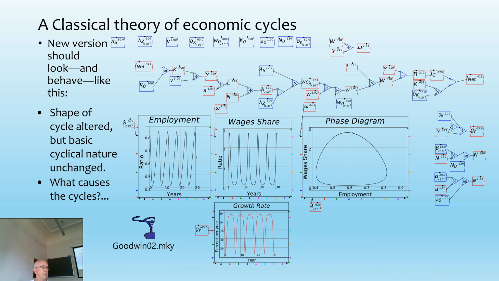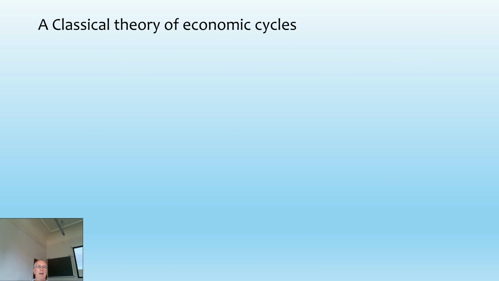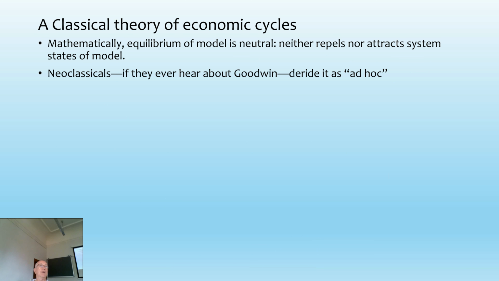So what causes the cycles? Your question. Mathematically, you have an equilibrium which is neutral. It neither attracts nor repels the system. Now, neoclassicals never ask, and this is one of Yanis Varoufakis' very good points in characterising what defines neoclassical economics, whether equilibrium is stable or not. Frequently, their equilibria are unstable.